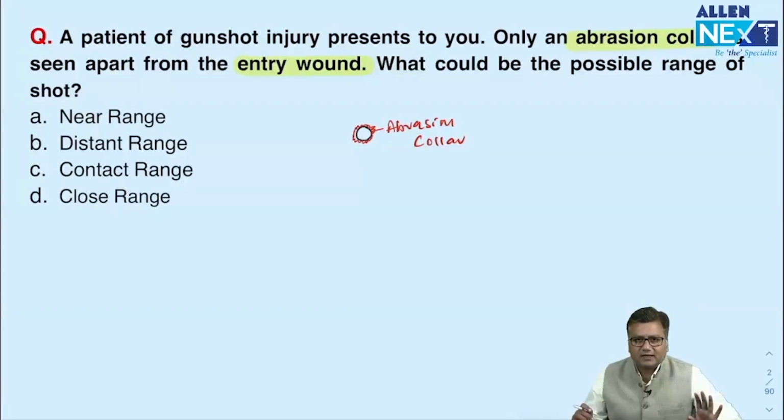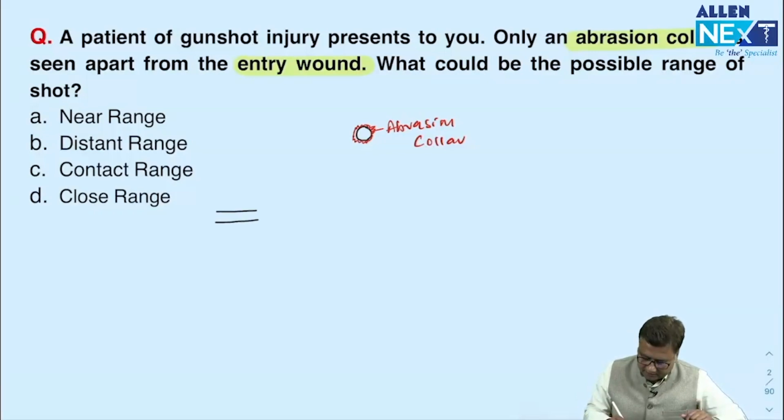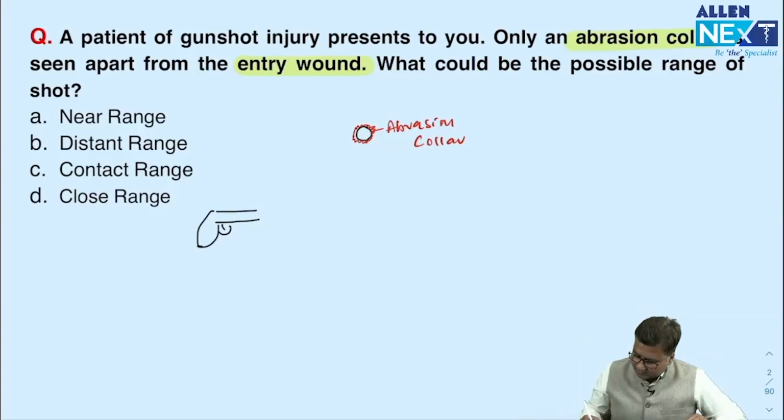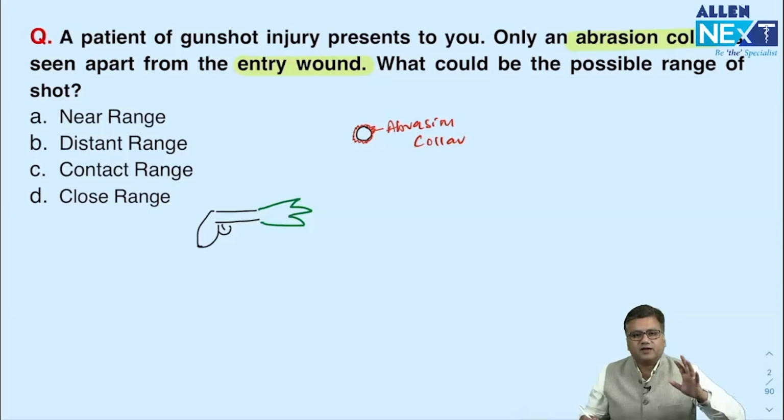And the question is fairly simple. What could be the possible range of shot? If you want to understand the possible range of shot, just understand this concept very simply, that if we have a gun which has been fired, there are few things which come out of the gun. The first thing that comes out of the gun is fire itself, and wherever there is fire, there is bound to be presence of smoke.